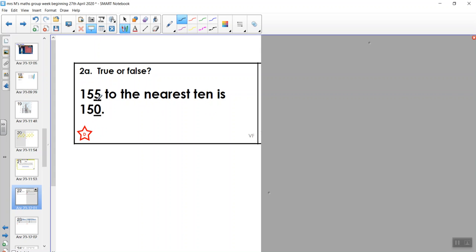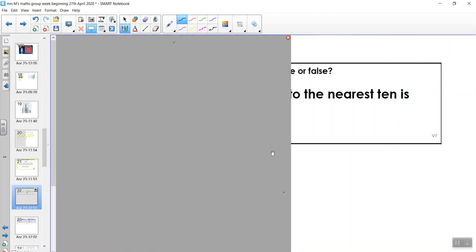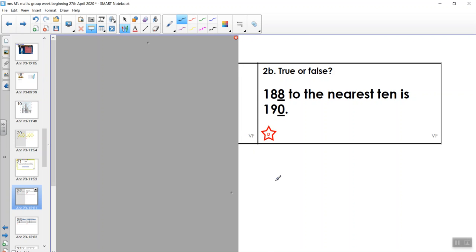If I wanted to round 155 to the nearest 10, I would round it to 160. So this one is false. Pause the video and try this one. True or false? 188 to the nearest 10 is 190, and that one is true.